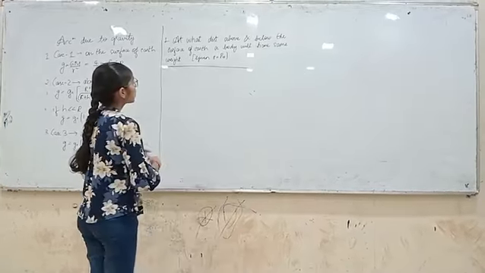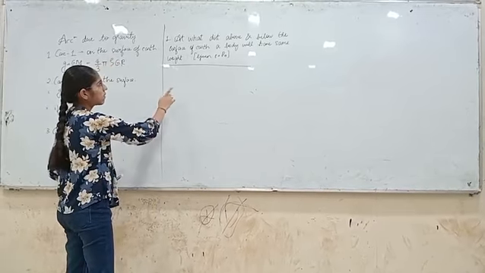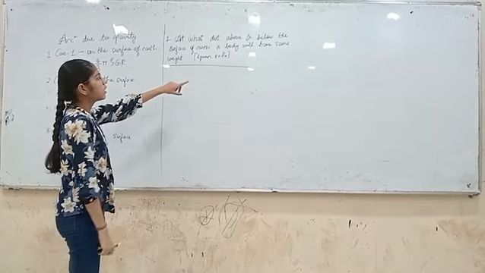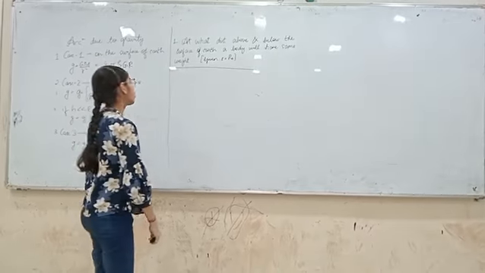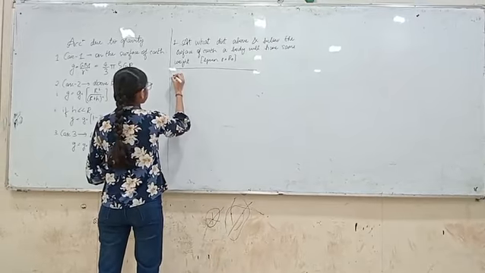First question is, at what distance below and above the surface of earth will a body have the same weight? It is given that R is equal to the radius of earth. So here it is given that the object is above and below the surface of the earth, so case 2 and 3 will be applied.